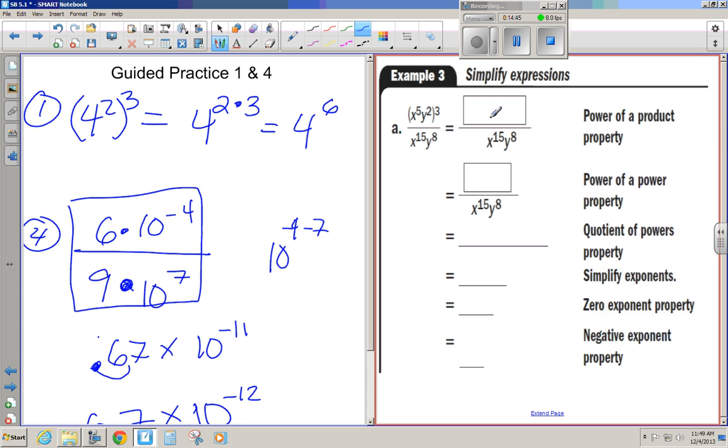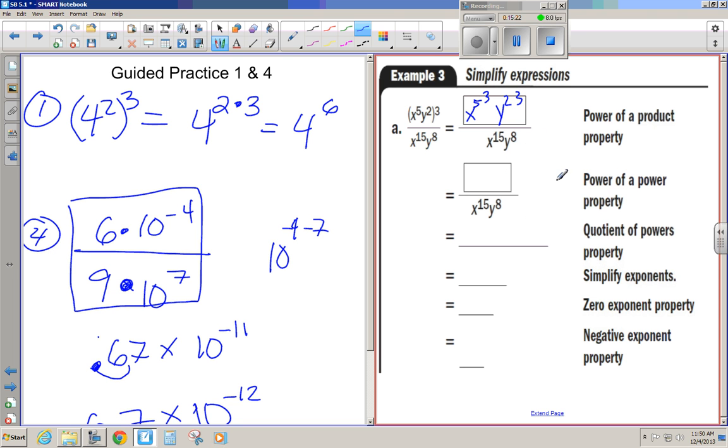All right, so you're going to have to do this also with many different properties all at once. Here, forget about what's inside. Just know that you have a set of parentheses and a power on the outside. That means that power works on everything inside the parentheses. So now, what's inside the parentheses? You have x to the 5th cubed and y squared cubed.